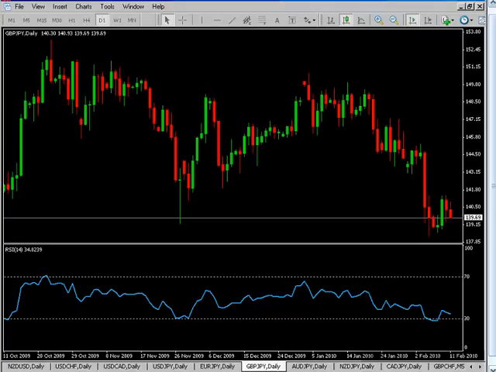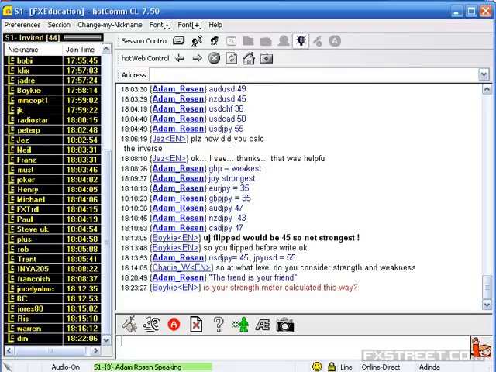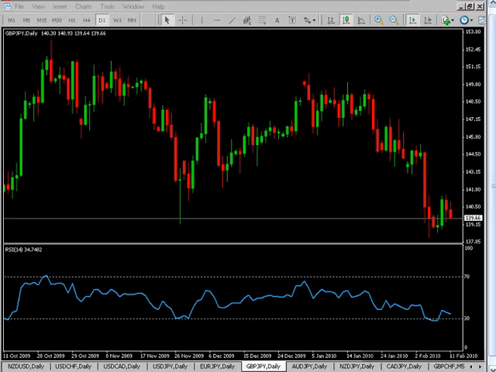But for short-term traders, the first thing we would say is the trend is your friend. The strongest trend is cable yen to the downside. We want to trade in the same direction as the trend, and that is certainly to the downside. That means we only want to look for areas to sell short.